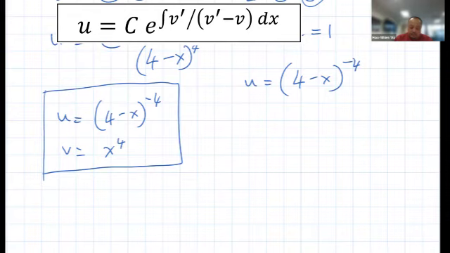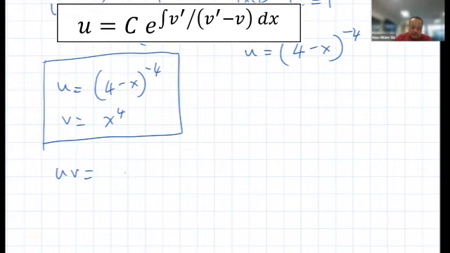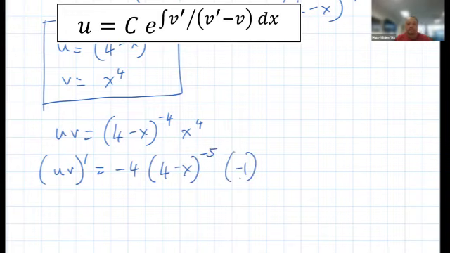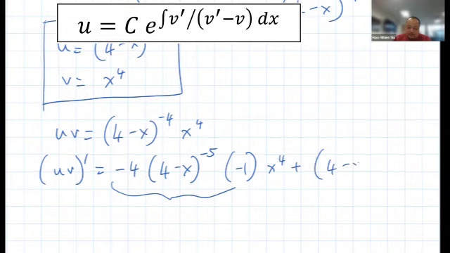Now let's check it out. My solution is u times v, which is 4 minus x to the negative 4 times x to the 4th. Then uv prime is equal to negative 4 times 4 minus x to the negative 5th times negative 1. So all of this is the derivative of u times x to the 4th, plus 4 minus x to the negative 4 times 4x cubed.